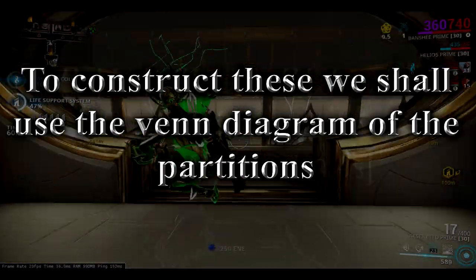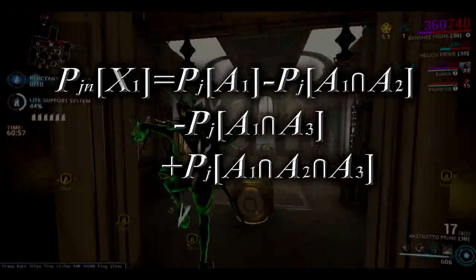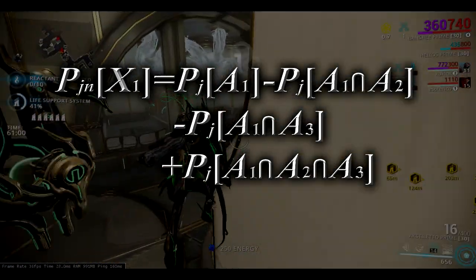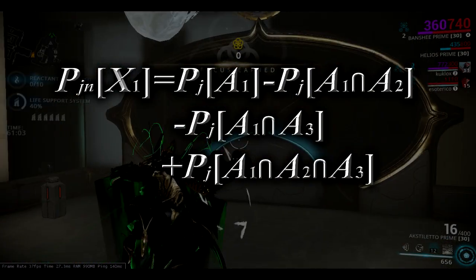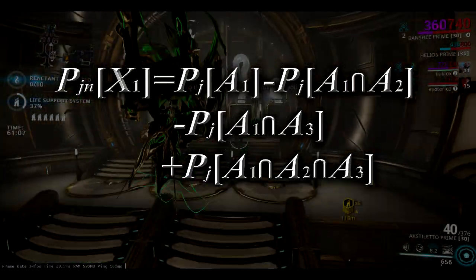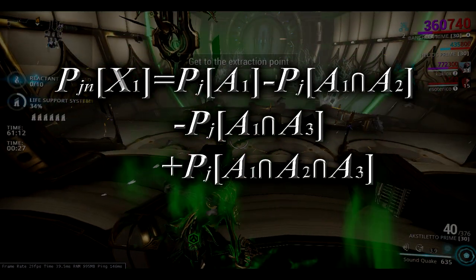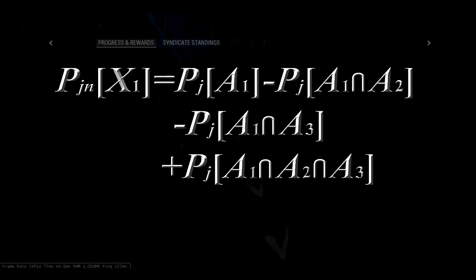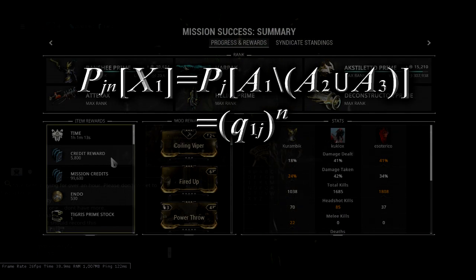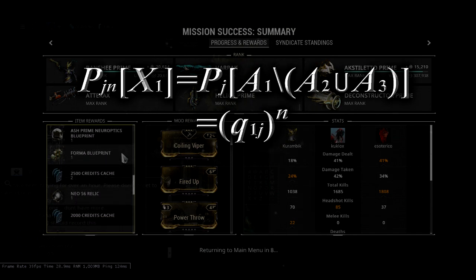So for the probability with respect to Jn of x1, which is what P1Jn is, it is the probability with respect to J of A1 minus the probability with respect to J of A1 intersection A2 minus the probability of A1 intersection A3 plus the probability of A1 intersection A2 intersection A3. That was a mouthful. If you do some probability theory and set algebra, we get that this is nothing but the probability with respect to J of A1 without A2 union A3.